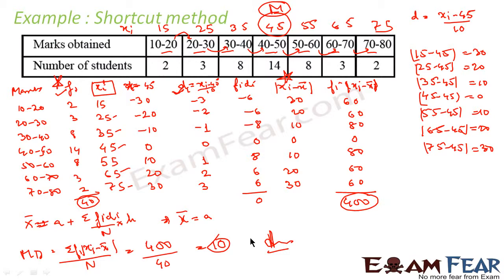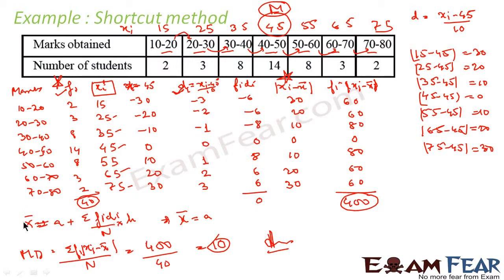So the only thing that helps us in the shortcut way is to find the value of mean in an easy way. So here if you see what we have done, we have assumed 45 is the mean, and then we have found all the values of xi minus 45. We got these values. We saw 10 is common, so we took h equal to 10. We got these values. We did the summation of this. We got sigma fi di.